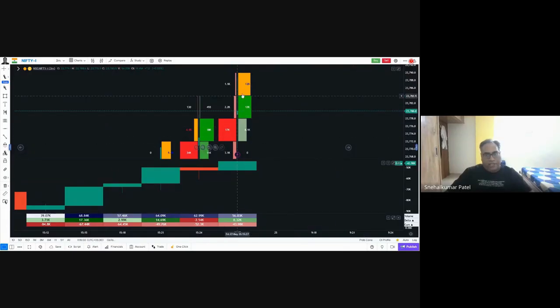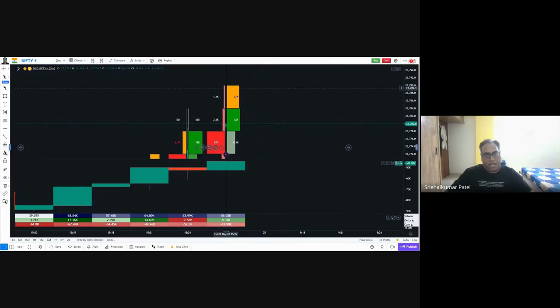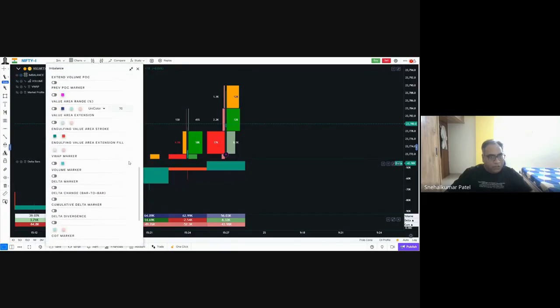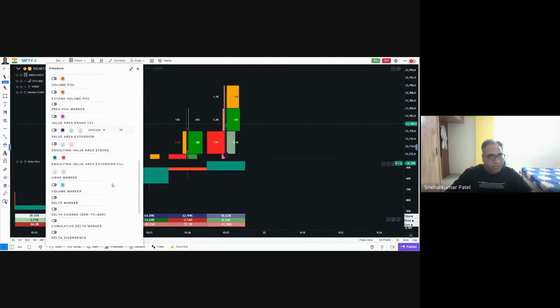If we look at this particular candle, this part is shown as imbalance, because the number of buyers here are significantly more compared to the number of sellers. So this is an imbalance in the chart. I will show what a point of control looks like as well.